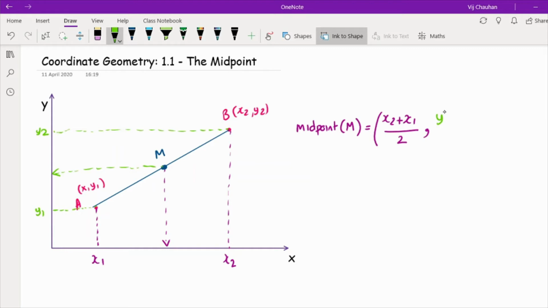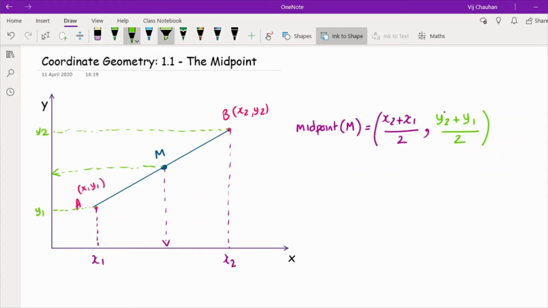As I've written, x2 plus x1 and y2 plus y1, it doesn't matter what order you write those in, because when you're adding it doesn't make a difference. And lo and behold, that gives us the formula for how to work out the midpoint between two coordinates.